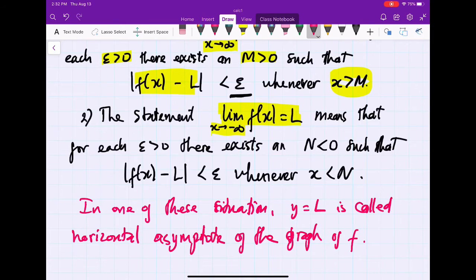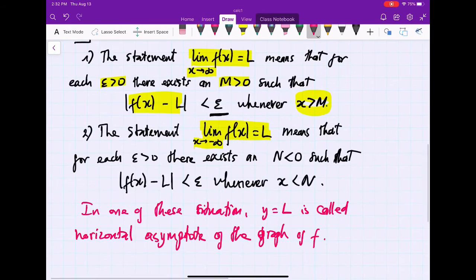So, in order to find a vertical asymptote, you just need to find points where the one-sided limit at that point is infinity. But in order to find a horizontal asymptote, you need to find the limit of the function at infinity.